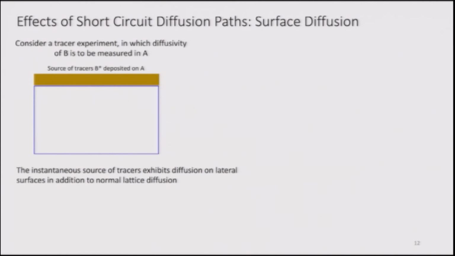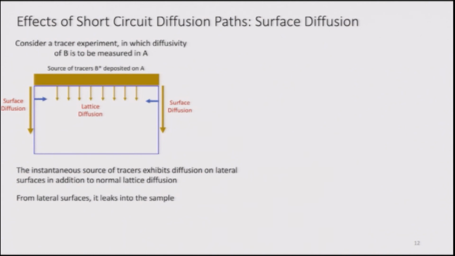So, obviously, B star or the tracer of B will diffuse perpendicular to the surface inside this A, but towards the edges there will also be a surface diffusion on the surface obviously, and the surface diffusion is faster, and from surface there will also be a leakage current inside this material A. And so, at the surface there will be a 3-dimensional or at least 2-dimensional diffusion case, whereas the solution that we use getting the tracer diffusivities is a 1-dimensional diffusion solution.